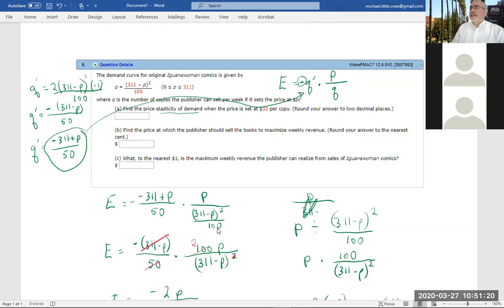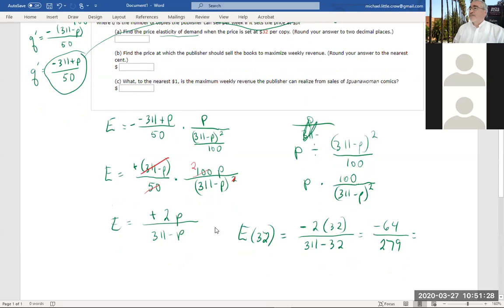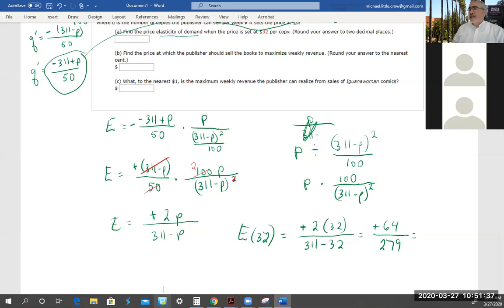So we've got this negative here, we've got another negative, so that makes this a positive, that makes this a positive. Okay. But still 64 divided by 279.